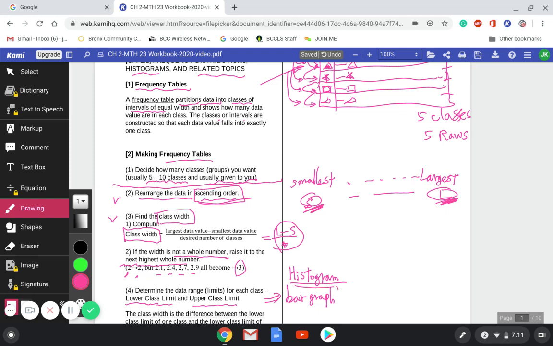Histogram is a fancy word for the bar graph, but you need that to create the bar graph like this, histogram.